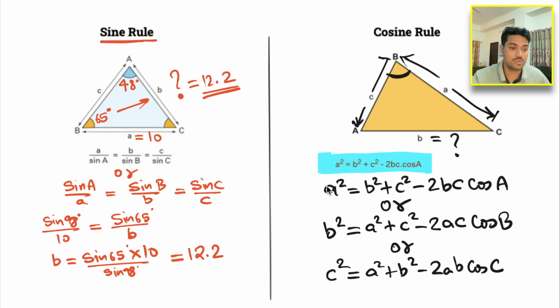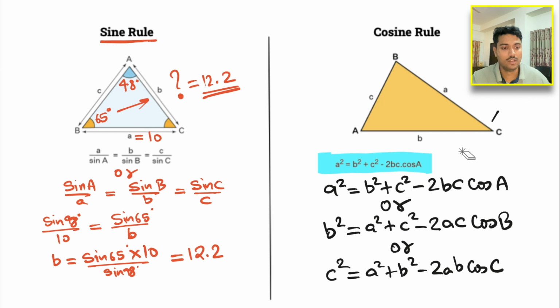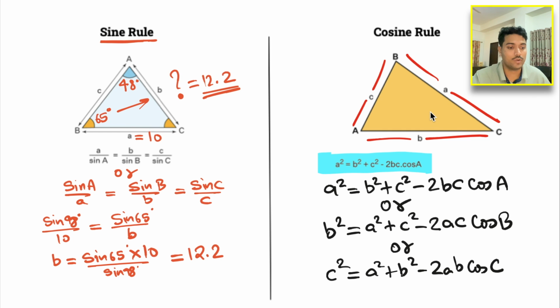This can also be used to find the angle. That's the other case, when all the three sides are known to us. When all the three sides a, b and c are known, and we have to find any one angle, in that case we can again use cosine rule.